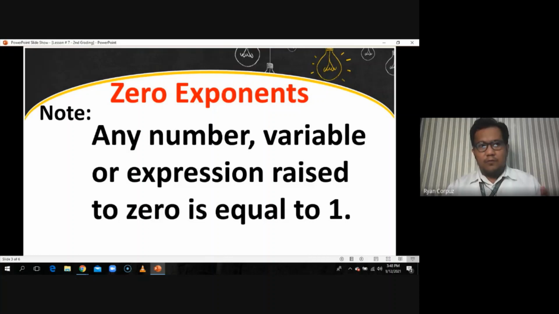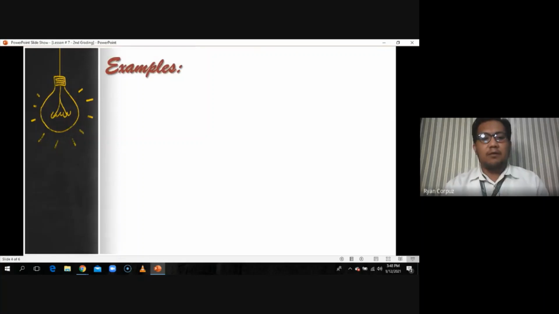Whenever you see a number raised to 0, or a variable raised to 0, or the whole expression raised to 0, that is equal to 1. So, ganun natin sinisimplify yung zero exponents. So, paano nga ba natin gagawin yun? So, of course, much better if we're going to do it through examples. So, let's have here examples.